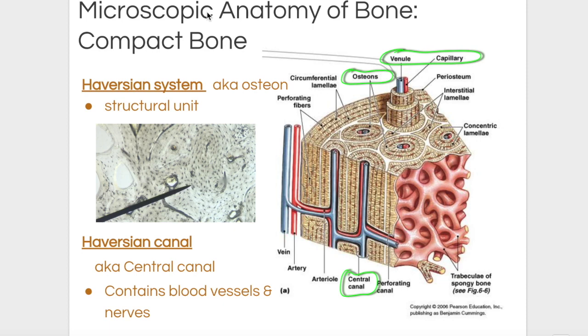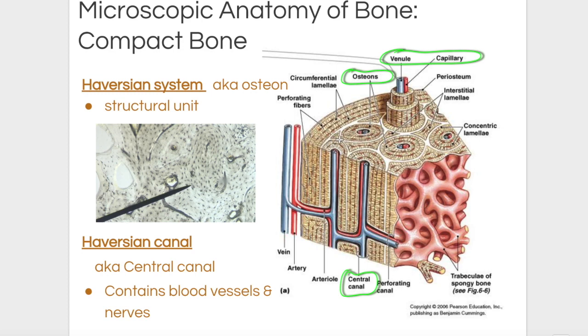Now to look at the microscopic anatomy of bone, particularly that of compact bone, we have, as we can see here, these rings that will form the outside of our bone. They'll just go completely around, forming the outermost component of our bone.